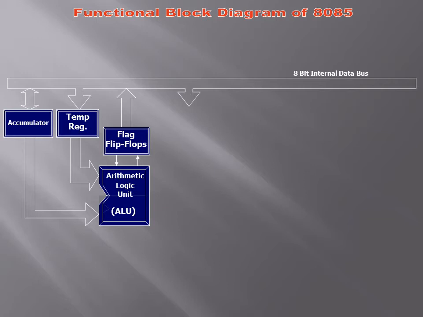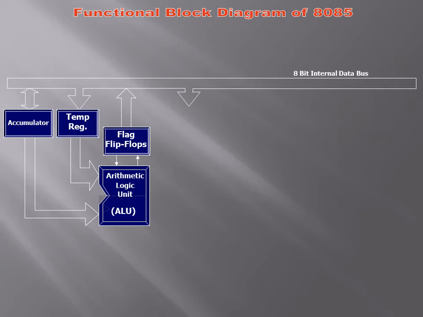Or if a carry is generated after an addition or multiplication, or we say that multiplication actually is repeated addition, it means that if a carry is generated, a carry flag will get activated. In the same way, if there is an operation in which the accumulator contents will be 0, there is another bit which will get activated, saying that the contents of the accumulator are 0.